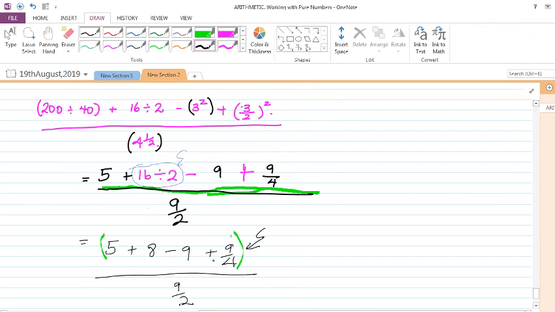But because I have a subtraction there, I have to be very careful in the way I do my work. Because all of these have the same rank, I work from left to right. So I start from here and work across gradually. What I get is 5 plus 8 is 13, so it's 13 minus 9, plus 9 over 4, all over 9 over 2.